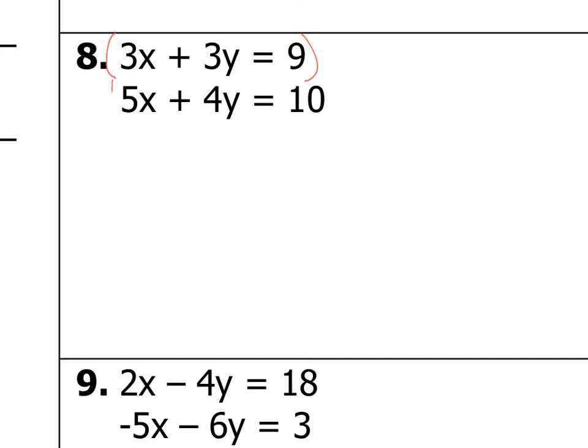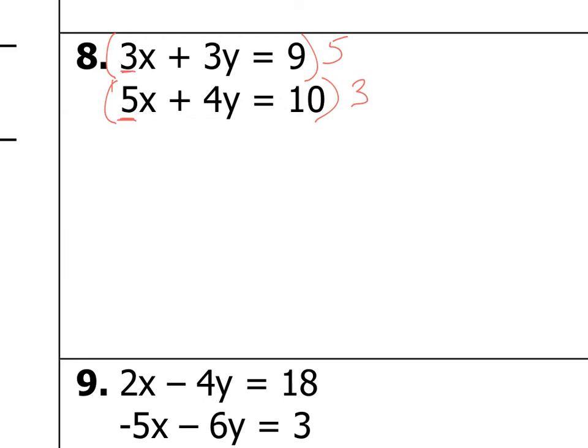Here's what we do. We have to multiply both equations by a number. So I will just pick the x values, and I'll say, you know what, I'm going to multiply the top equation by 5, because that was my x value here. I'm going to multiply the bottom equation by 3, because that was my x value here.